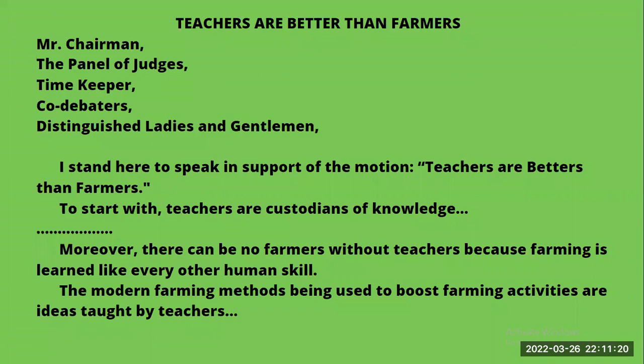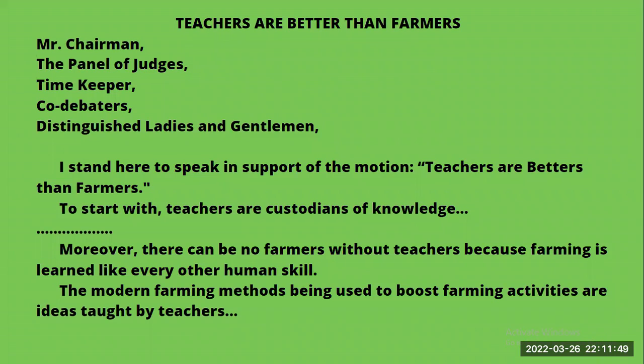You can say you are convinced that teachers are better than farmers because of so many points, among which are the following. 1, teachers are custodians of knowledge. 2, there can be no farmers without teachers because farming is learned like every other skill.